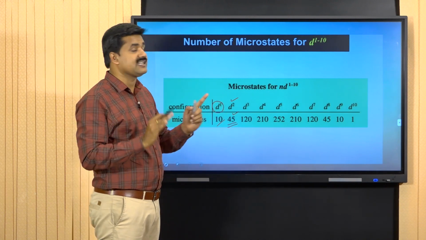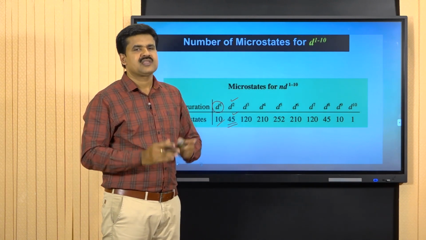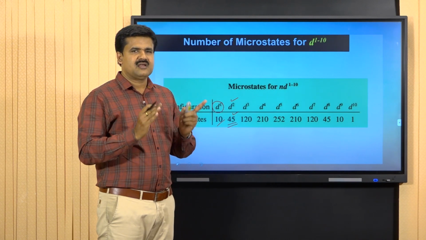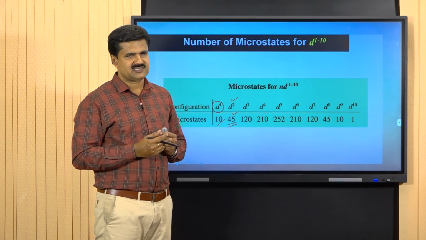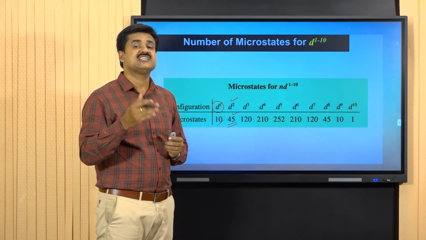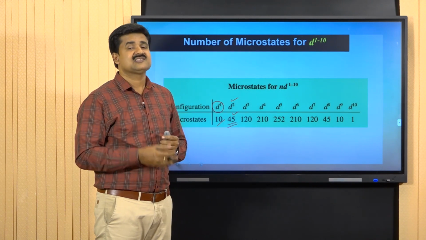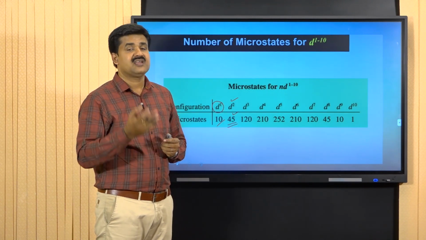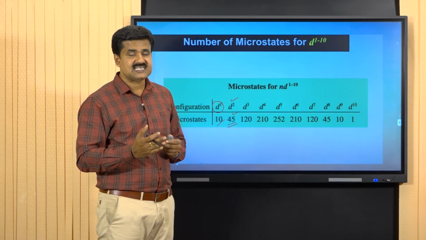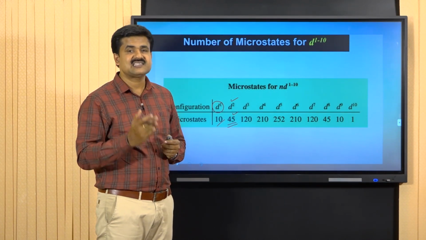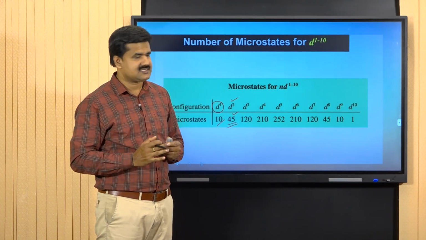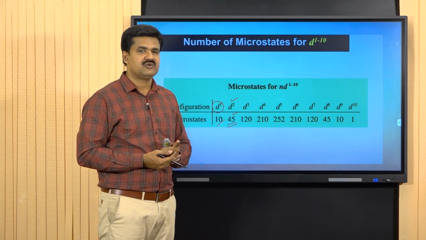So from this chart it can be concluded that for maximum number of unpaired electrons, associated microstate will also be high. So simply we can say that number of microstate increases with increase in number of unpaired electrons. See the case for D5 configuration.